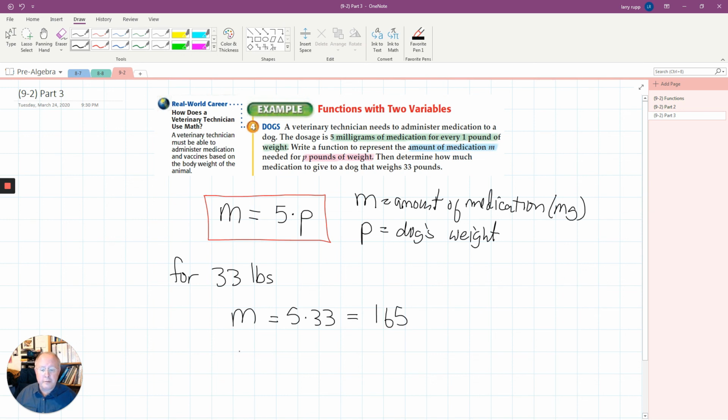So for a 33-pound dog, we need to give 165 milligrams of medication.